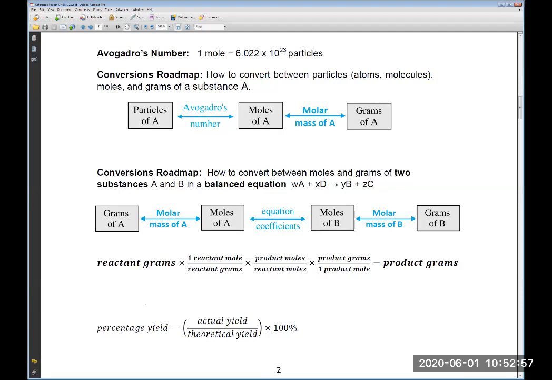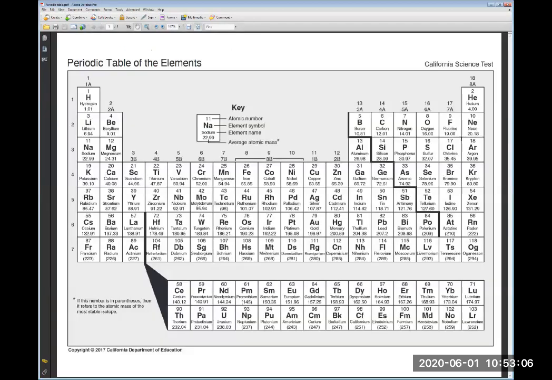So we need the molar mass of Na2CO3. And for this, we use the periodic table, right? So let's look at Na2CO3. So we will take 22.99 times 2, plus carbon, 12.01, plus 3 times 16 for the 3 oxygen.